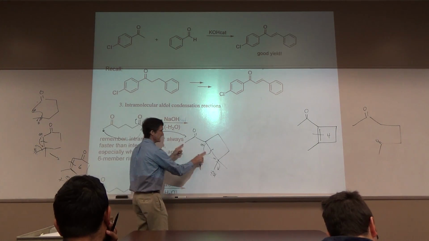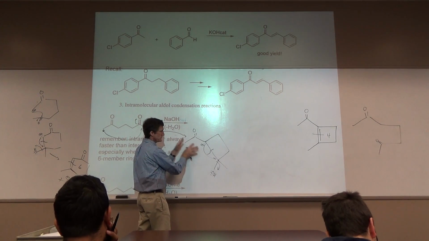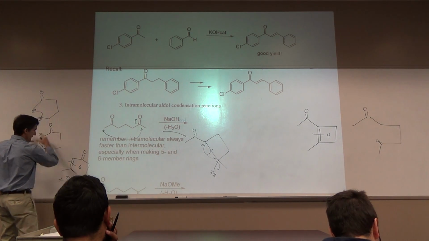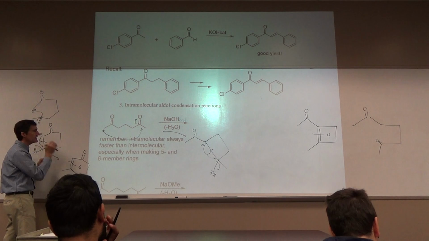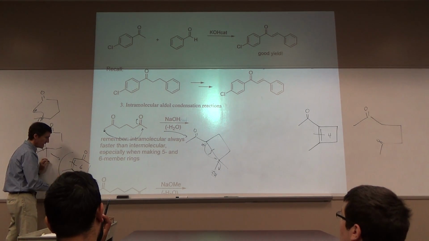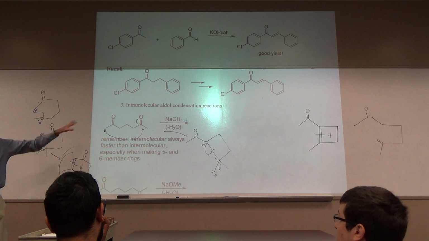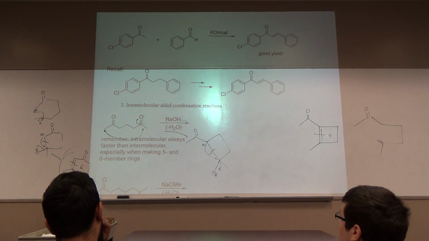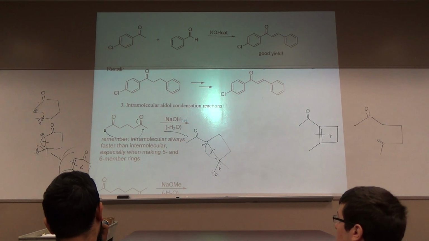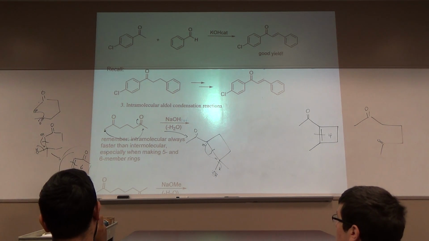The reaction could go this way, but it is going to be more difficult to make the 4-membered ring. So the equilibrium is going to favor going this way, and ultimately this is going to be highly favored over the 4-membered ring. Such a product can be readily made by just treating this with a little base. It'll close on itself and eliminate water, with the 6-membered ring being preferred.